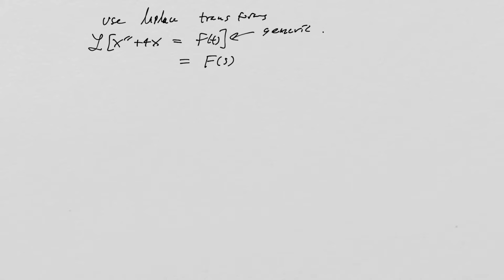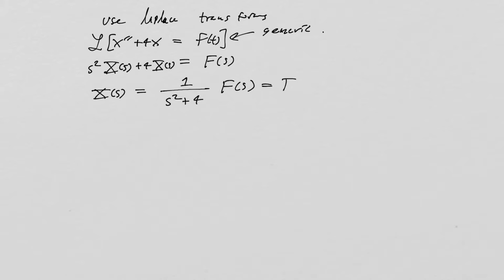That becomes a capital F of s, and that becomes s squared capital X of s plus 4 capital X of s. Capital X of s, we can factor it out, and we get the following. All right, and we call this, of course, the transfer function multiplied by our forcing function.